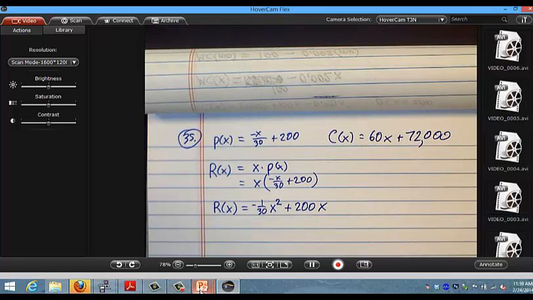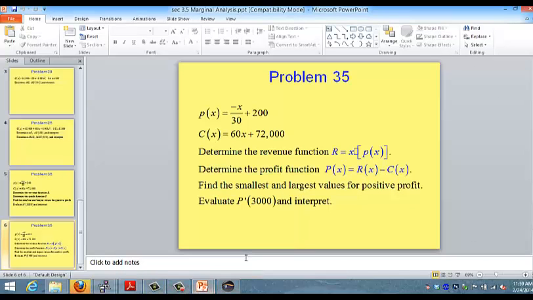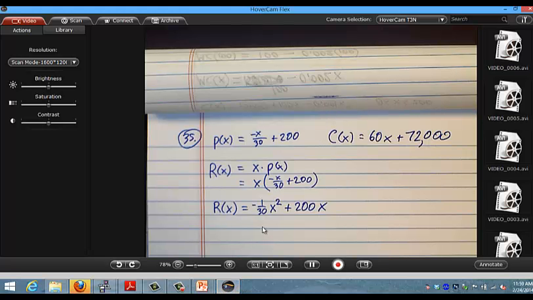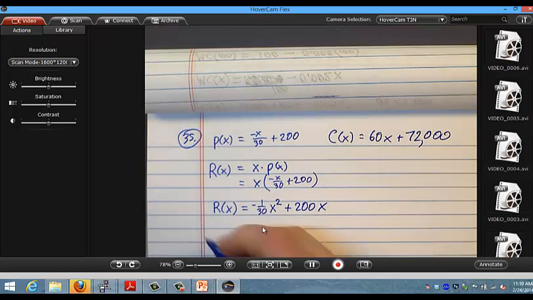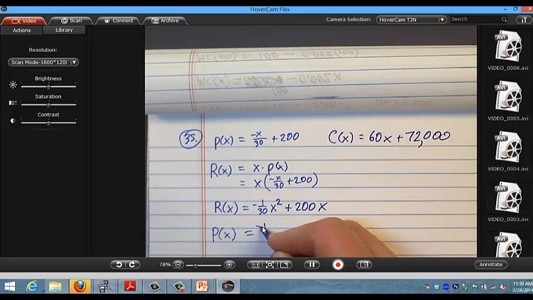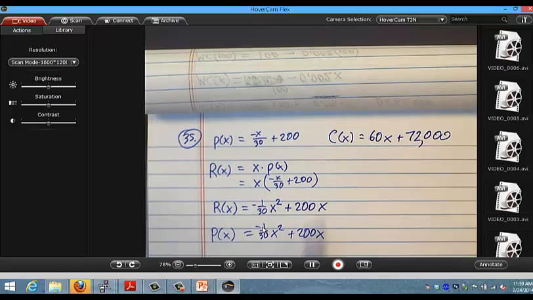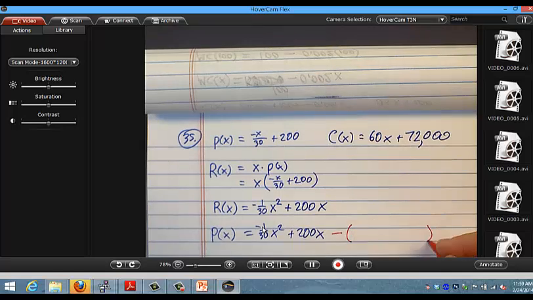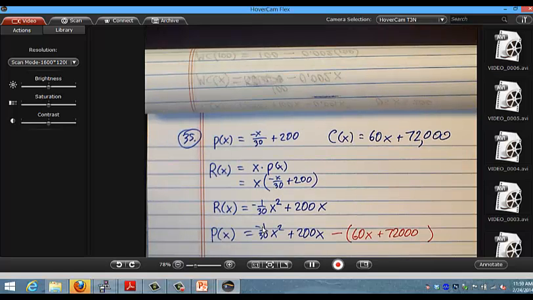So what did it ask me to do then? We were asked to determine the profit function. All right, so all I have to do now is take that revenue function and subtract what? We have to subtract the cost function. So I'll take that negative 1/30th x squared plus 200x, and now I'm going to subtract, better put it in parentheses, 60x plus 72,000. Right?